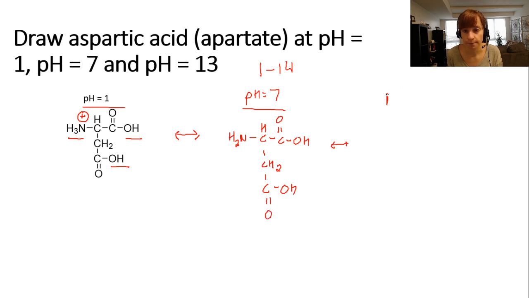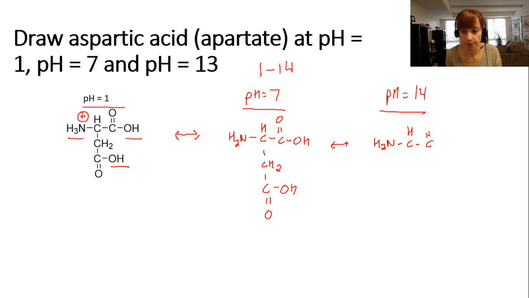So now we have pH 14. This is a very basic pH. Our NH2 is going to stay the same because it's not very common for nitrogen to have a negative charge. It can happen rarely, but it's usually either neutral or has a positive charge. Our carbons aren't affected by this. You can't deprotonate a carbon atom with the acid base.